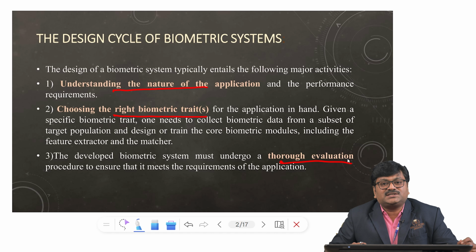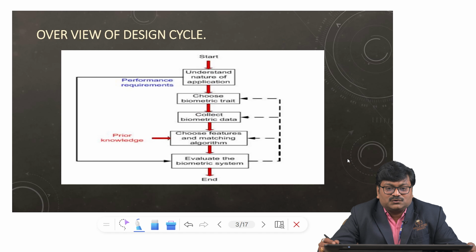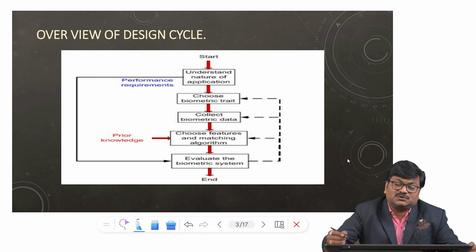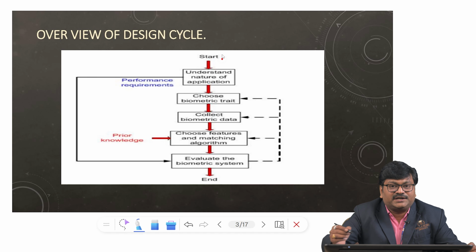Now let us go through the flow chart of how this biometric system is going to be designed. Here is a flow chart that gives a brief idea of any biometric processing system. As I said, first we need to start.